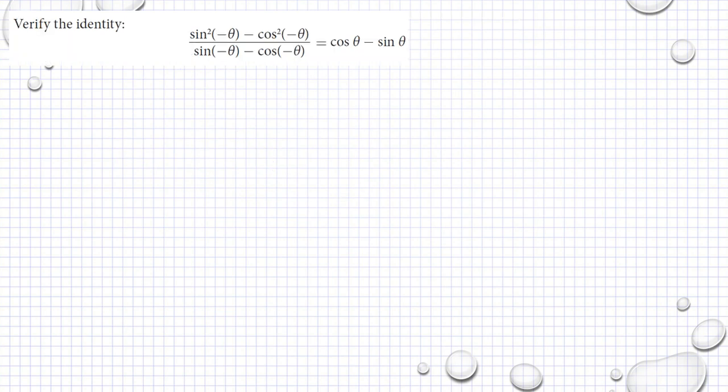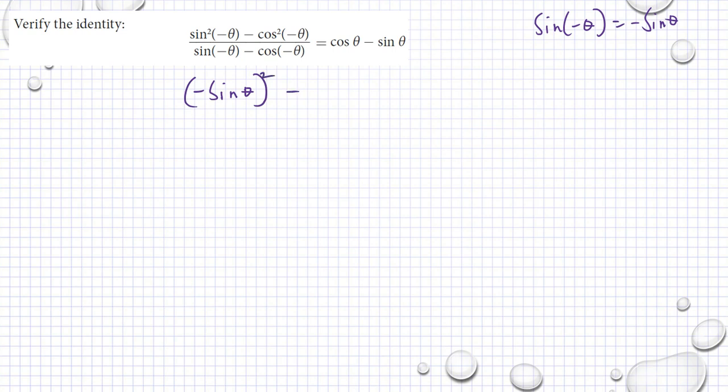Some more. Let's see if we can. We know that sine negative theta is equal to negative sine theta. Then we can use that. So we have negative sine theta squared, because we have a square there.